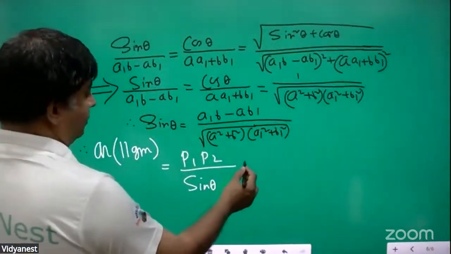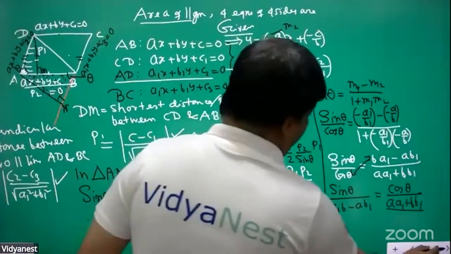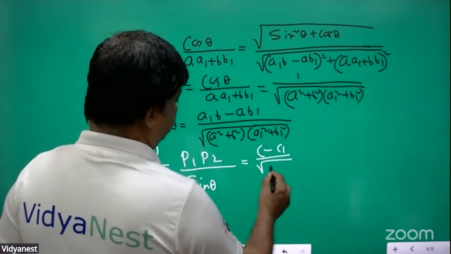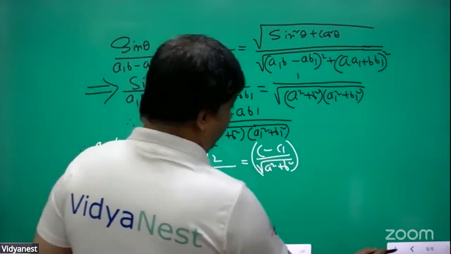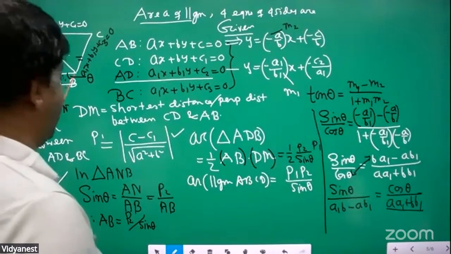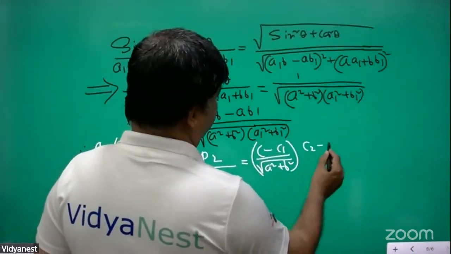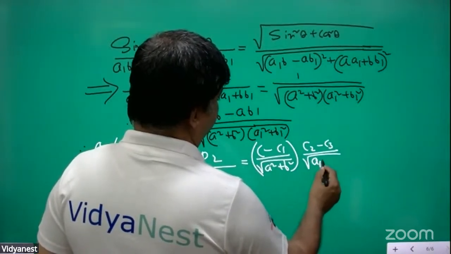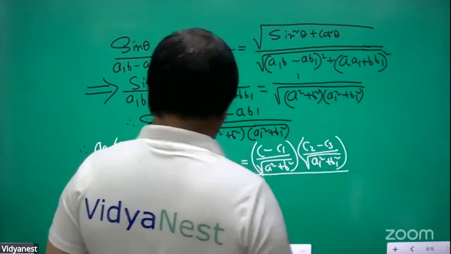P1 is C minus C1 by root over of A square plus B square. What about P2? C2 minus C3 by root over of A1 square plus B1 square, divided by sin theta.